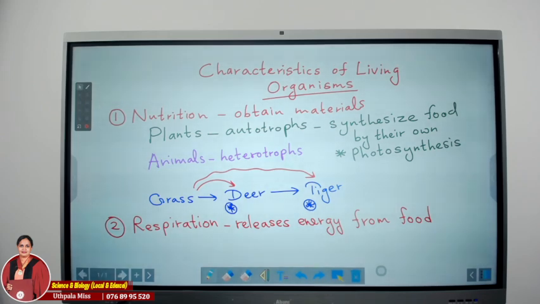There you can say the waste materials produced during metabolic processes are removed from the body.